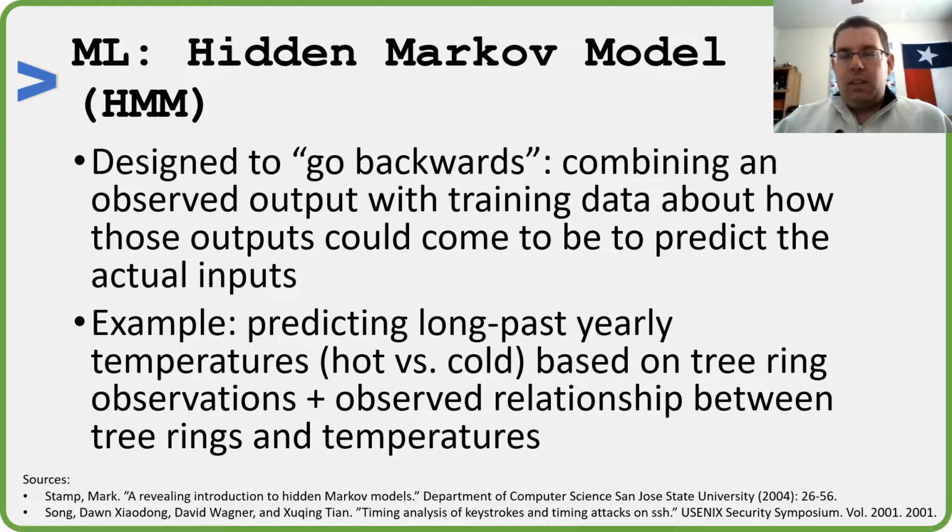Then using more recent data, you can train a model to say, okay, if a tree ring is this size, then it's likely to be a warm year, and if it's small, it tends to be a cold year, or whatever the distribution is. Then you make that your model, and you take these tree ring sizes, and you get a probability of it being a hot year or a cold year.